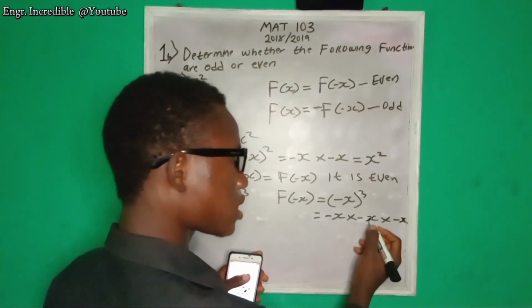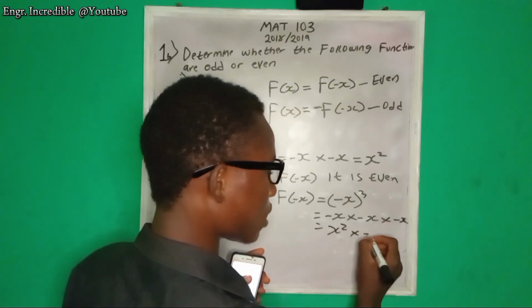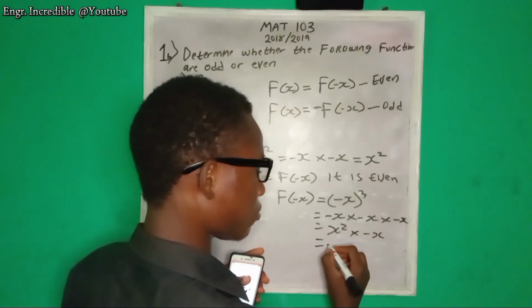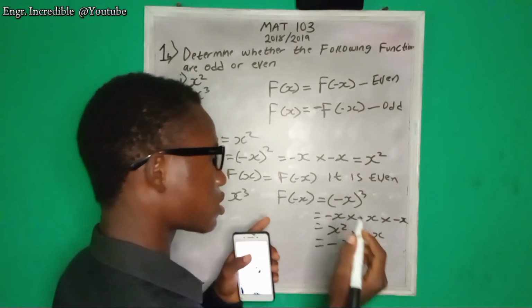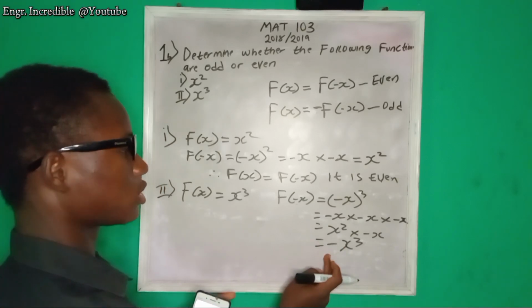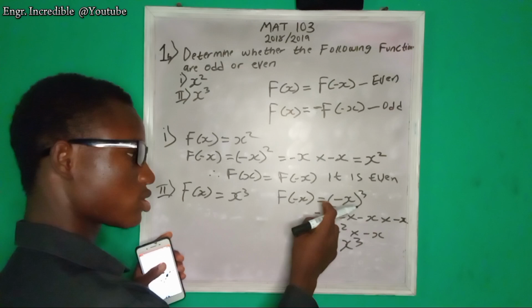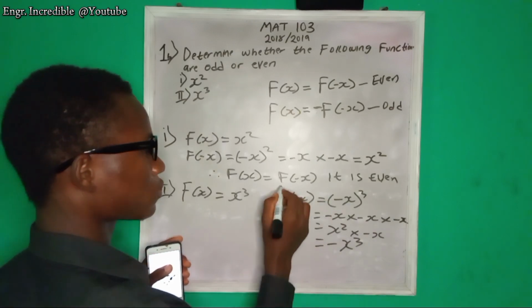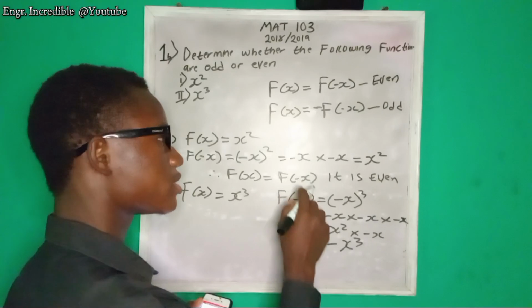So if we do minus x times minus x, we have x squared times minus x, and this is minus x cubed. So f of minus x is not the same thing as f of x. f of x is x cubed. f of minus x is equal to minus x cubed. So that means it is not even.